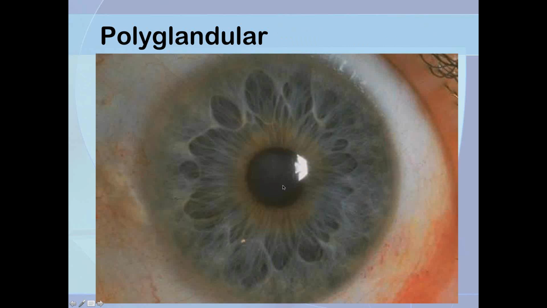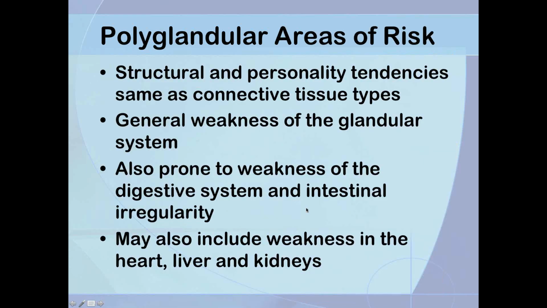Now it has the same physical characteristics as the connective tissue type, plus you have this added thing that, because the glands sit along the collarette, this is a general weakness of the glandular system.